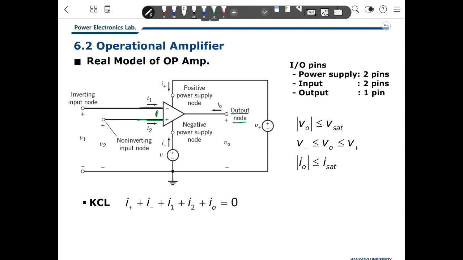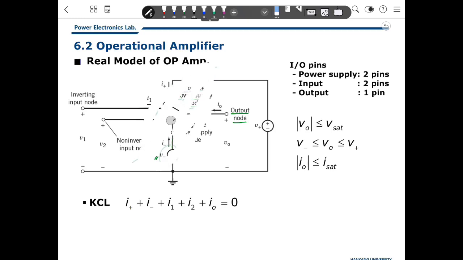And to work, the op-amp needs the power supply, the negative side and the positive side. If there is only a positive power supply and the other is 0, then this is a unipolar supply. If there are positive and negative values, for example plus 15 and minus 15, then this is a bipolar supply.